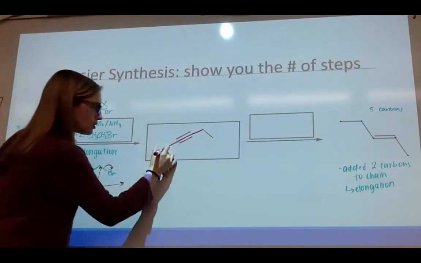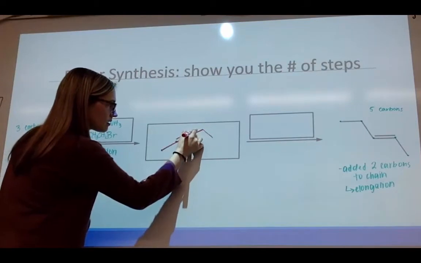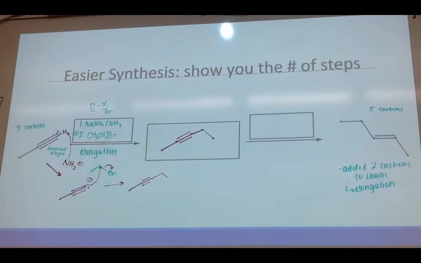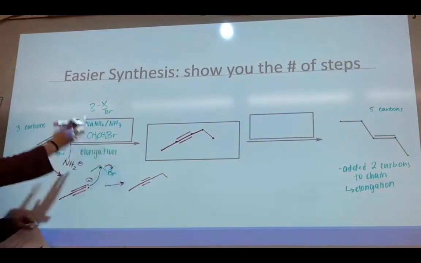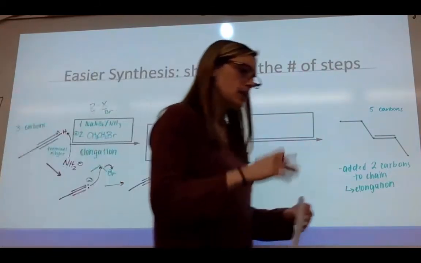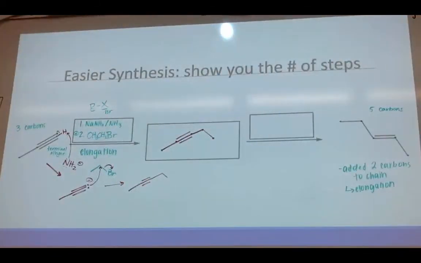And if it helps you to just put dots where the carbons are, there's your 5 carbons. So chain elongation always has to happen first. You don't have to show these mechanisms as you go through these synthesis problems. I just went through the mechanism to review how chain elongation works. But every time you go through these synthesis problems, you don't have to show the mechanisms.